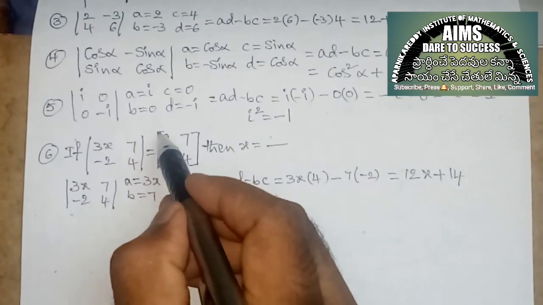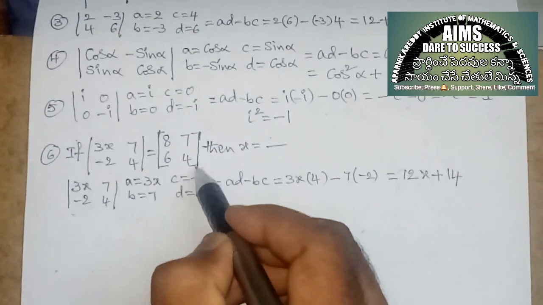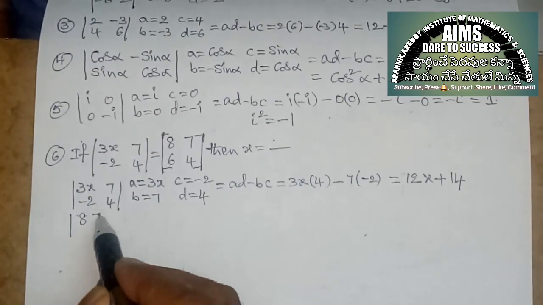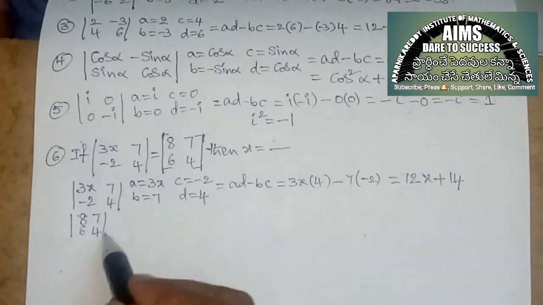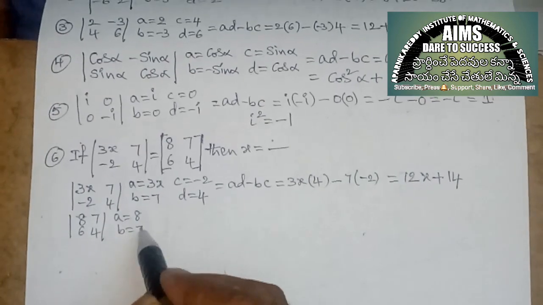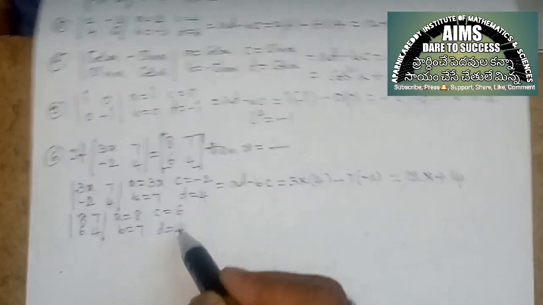And next you can take the right side answer also related to det. So det of 8 7 6 4 is equal to, here A value is 8, B value is 7, C value is 6, D value is 4.